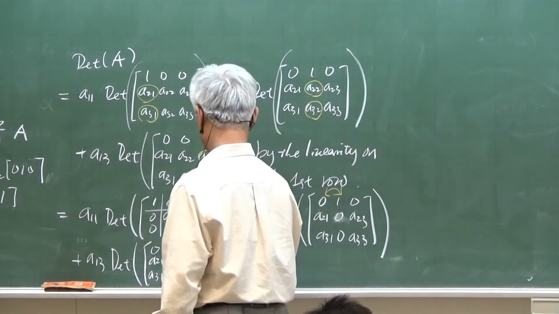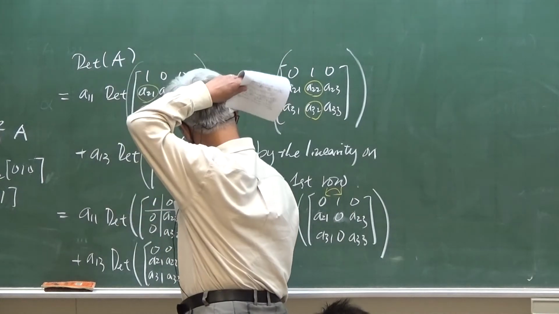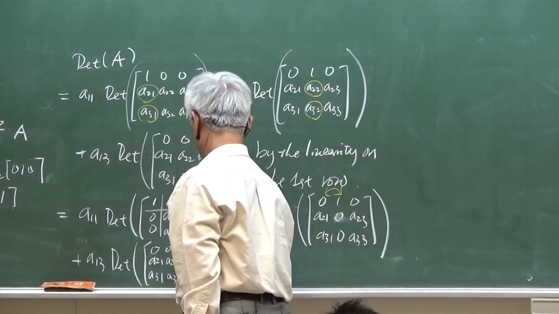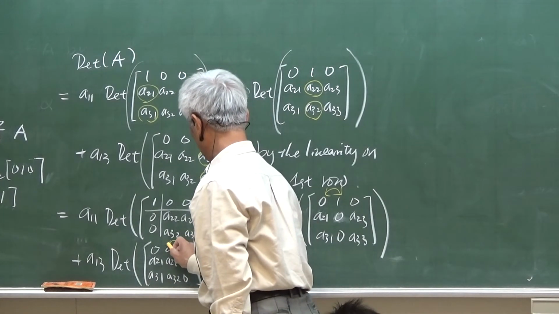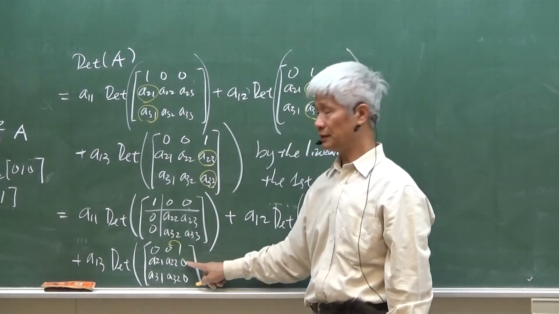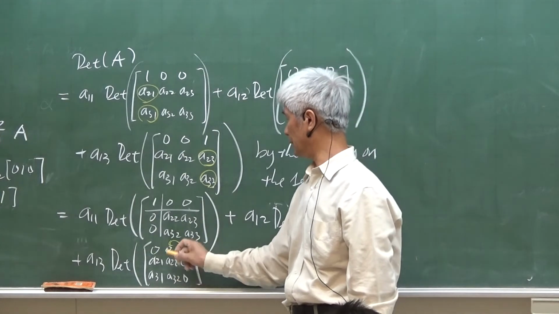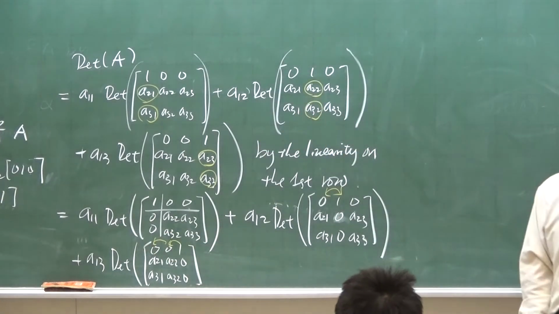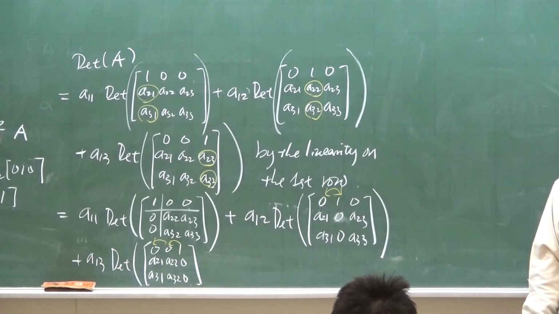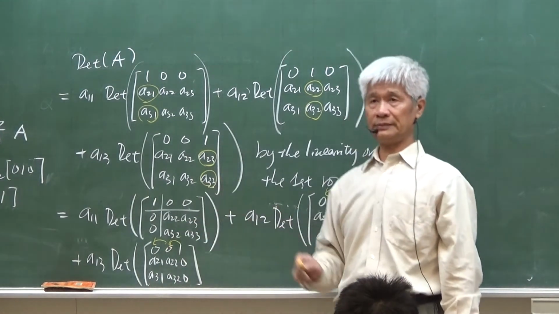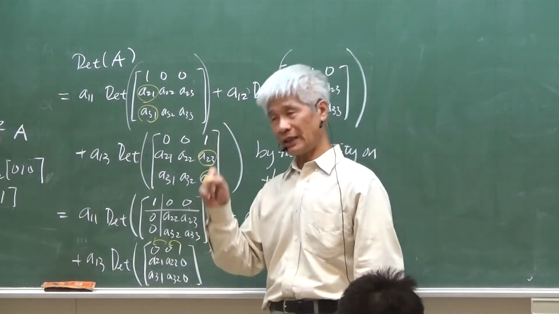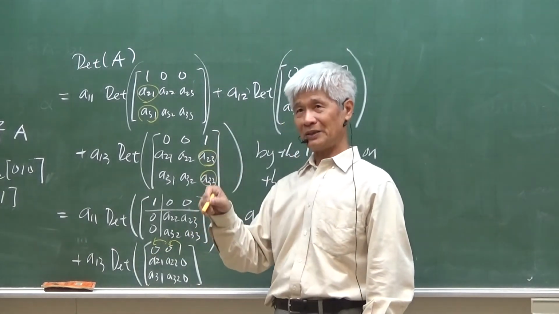Similarly, the third column goes to the second, and then to the first. So we do the exchange twice, and we change the sign and change the sign again: minus 1 times minus 1 equals 1.